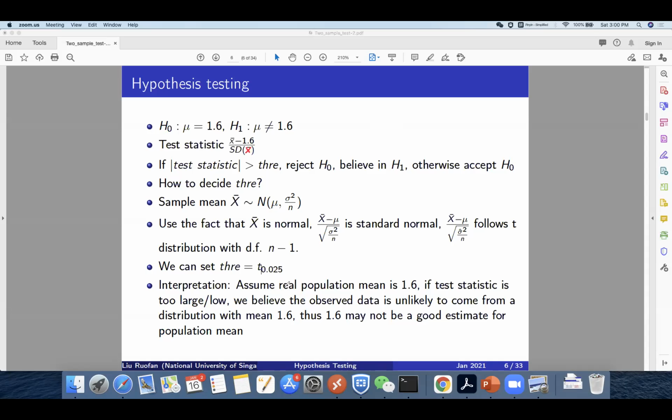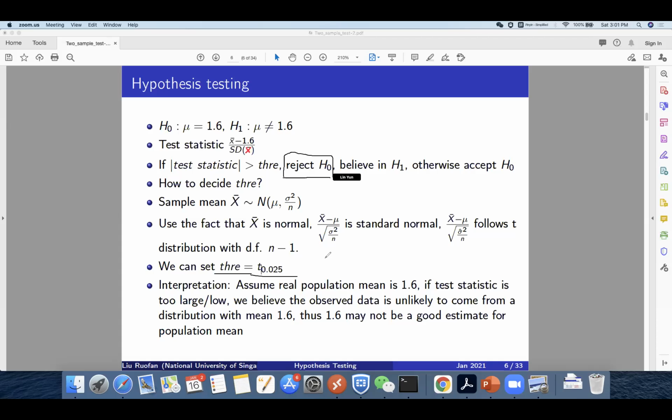Maybe let me say. Given the threshold of 0.05, or even given the threshold 0.025, what is the probability of H0 being unreliable?